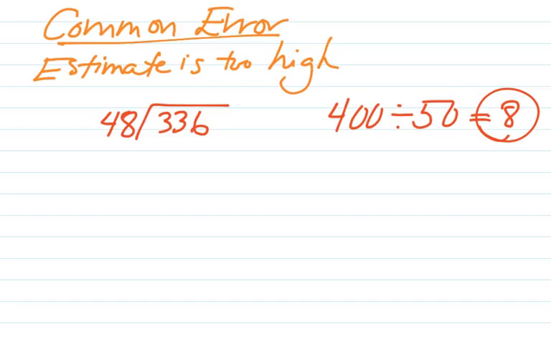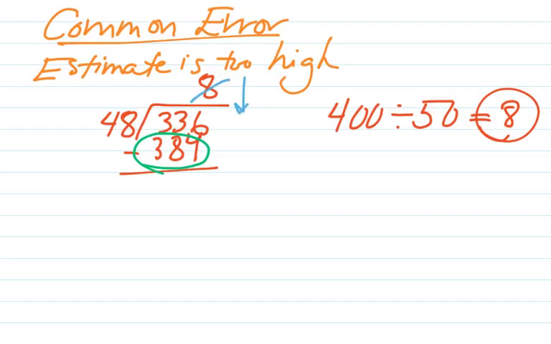That student did 8 times 48, and they got 384. In this case, the student was not able to identify that 384 is actually larger than the dividend, which was 336. We know that we can't subtract that, so that student should have lowered their estimate and used 7 instead.